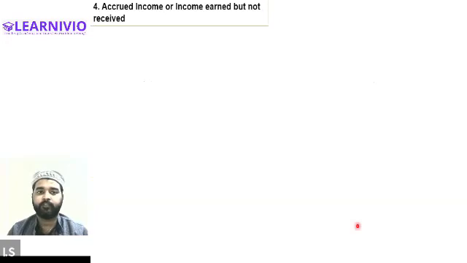So the general entry for the next adjustment entry will be, let's suppose there is accrued income given in the question, or income earned but not received. Accrued income basically means that a person is entitled to receive the income, but this income hasn't yet been received.